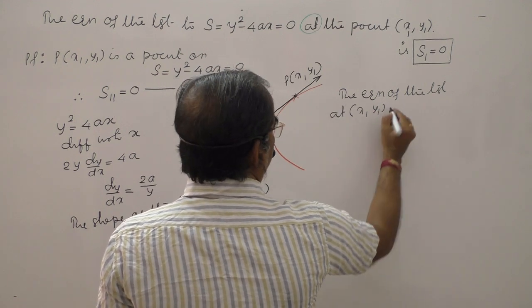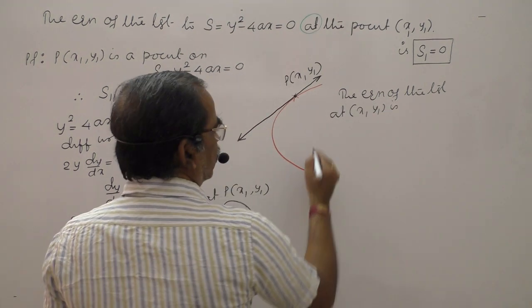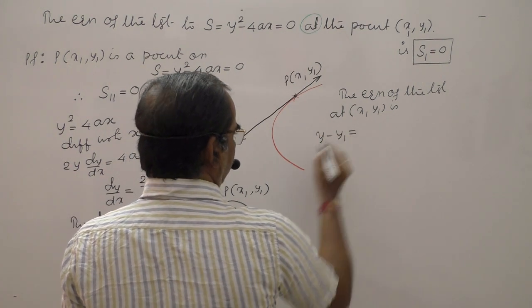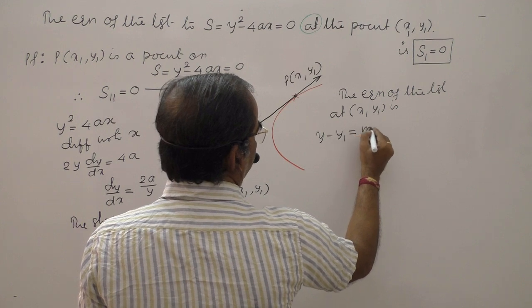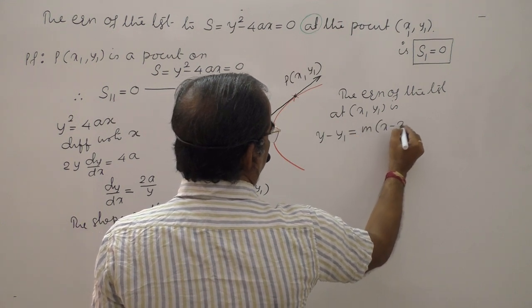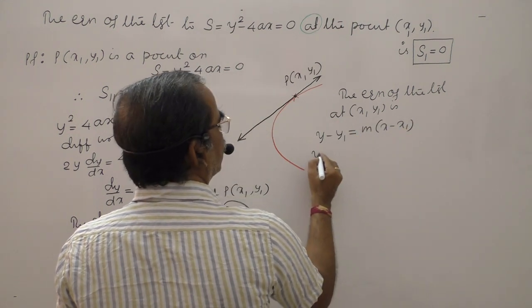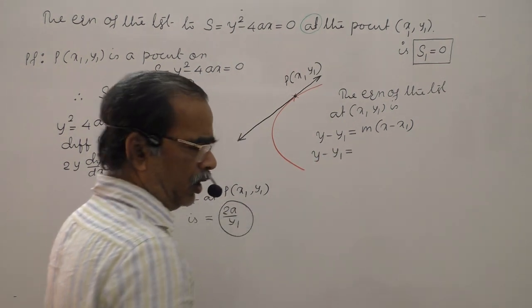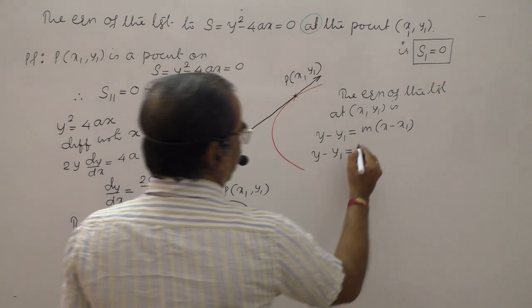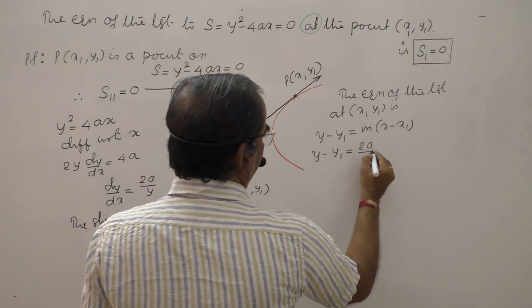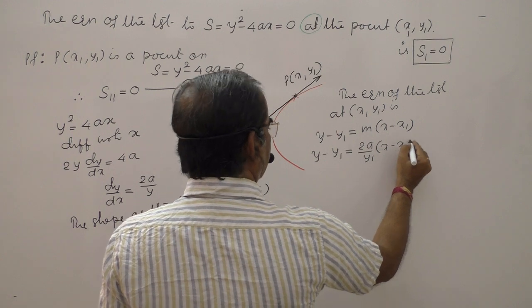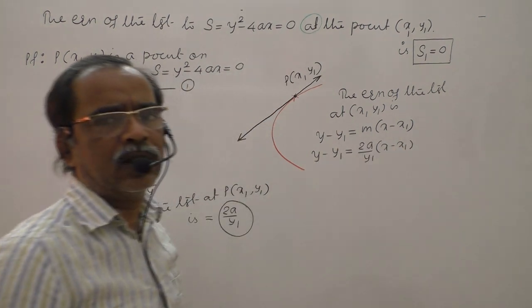At the point x1 comma y1, using point slope form, y minus y1 is equal to m into x minus x1. We will substitute values. Here the point is x1, y1 only. We have slope 2a by y1 into x minus x1. So this is the tangent.